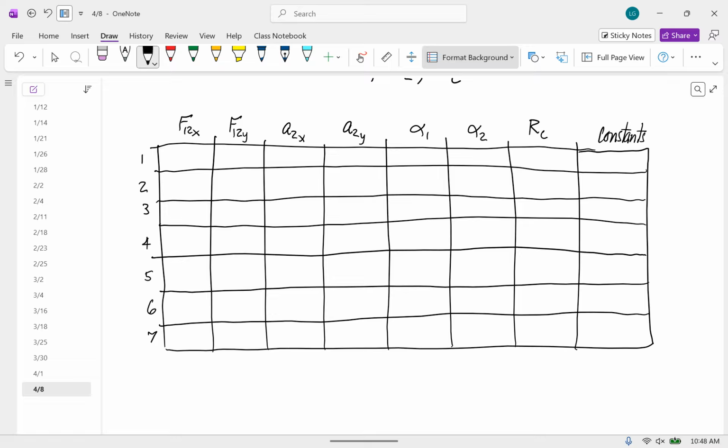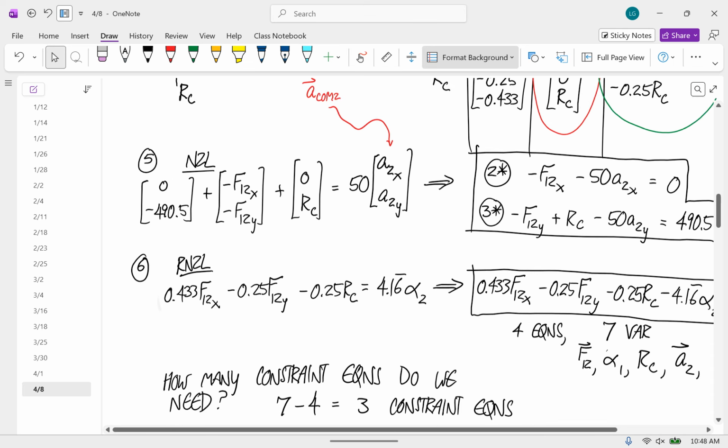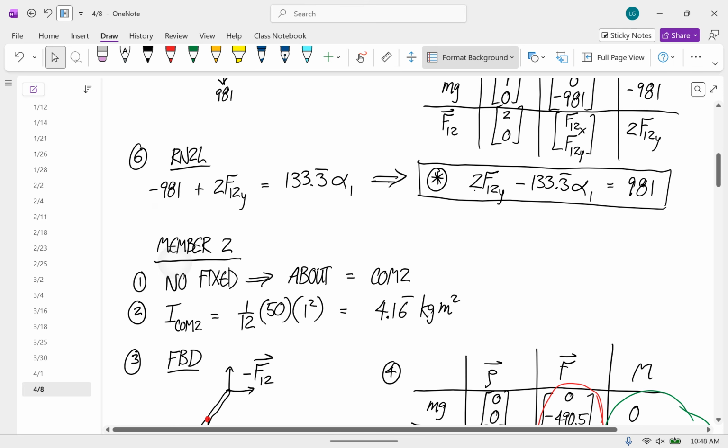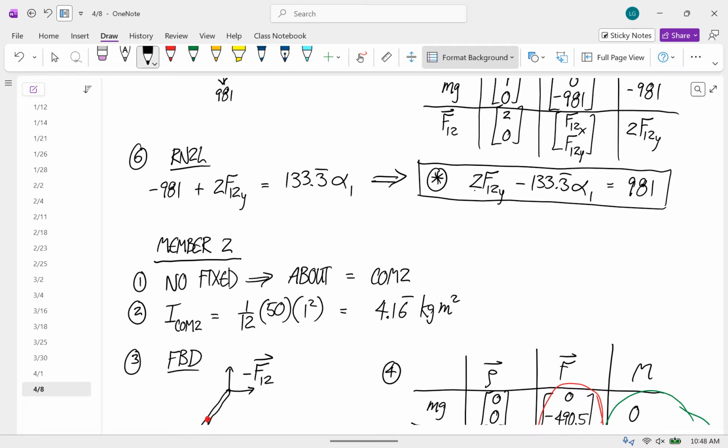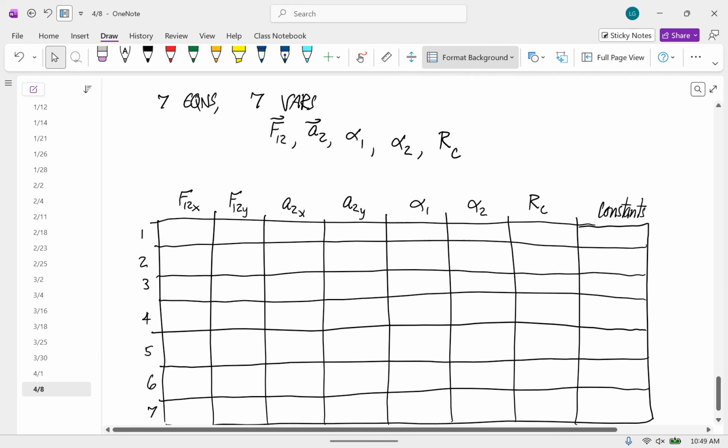And now we just have to go back and find the coefficients of all these things for each equation. So for equation 1, actually, would you guys mind just reading me coefficients for these? So just tell me like F12Y 2, and I'll fill it out so I don't have to keep scrolling back and forth.